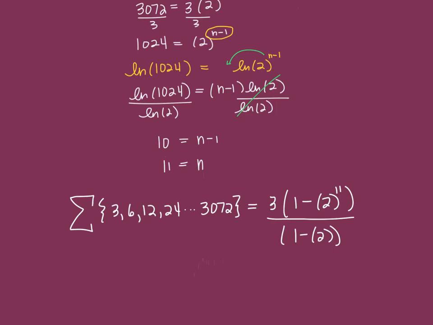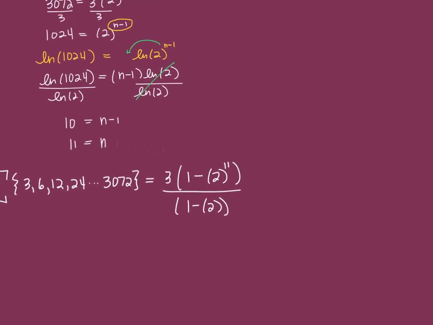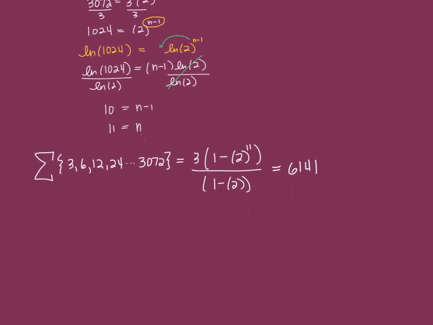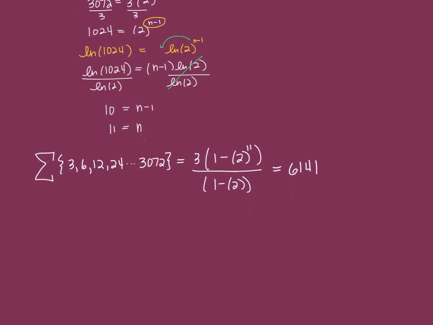And I'd like you to pause the video, try it on your calculator yourself, and then come back and check if you have the right answer. And you're back, and hopefully you got 6141, which is the summation total of that sequence if you add up those geometric terms in order.